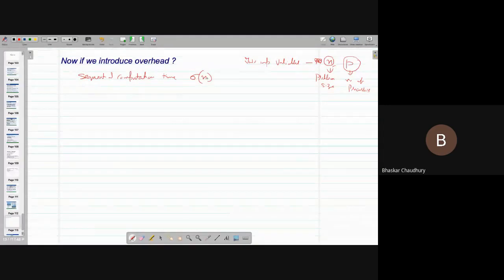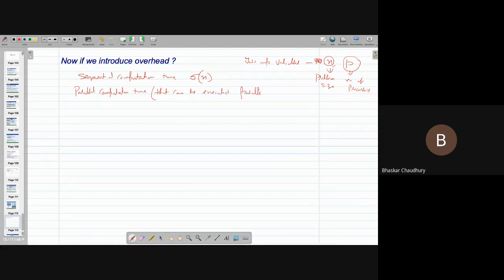Now, let's introduce another thing, let's call it parallel computation time. By parallel computation time, I mean the time that can be executed in parallel.